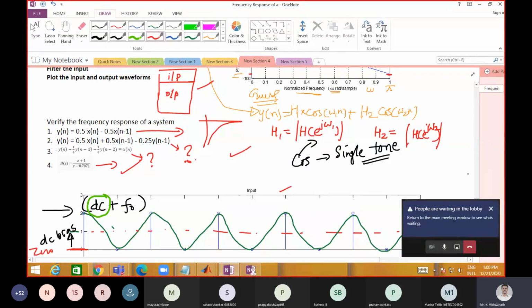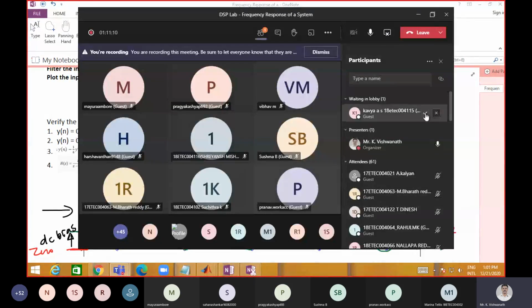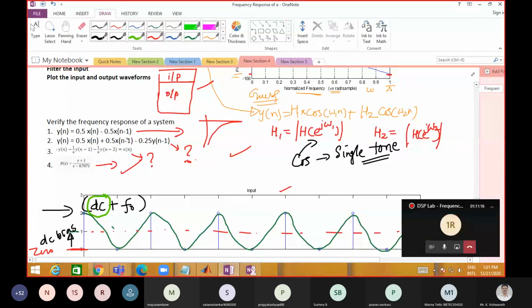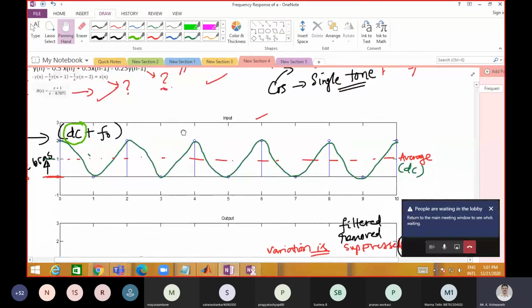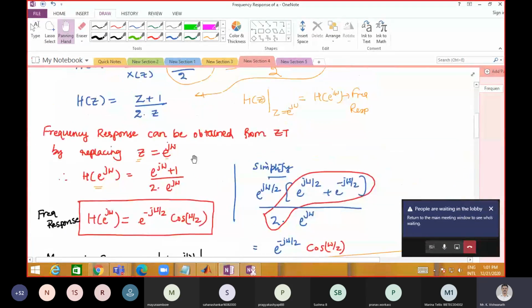So this we have analyzed for a discrete time system. If you understand it for a discrete time system, it is good enough. Any other questions? If you have any other questions, you can ask. Because in theory you will be doing all such things.